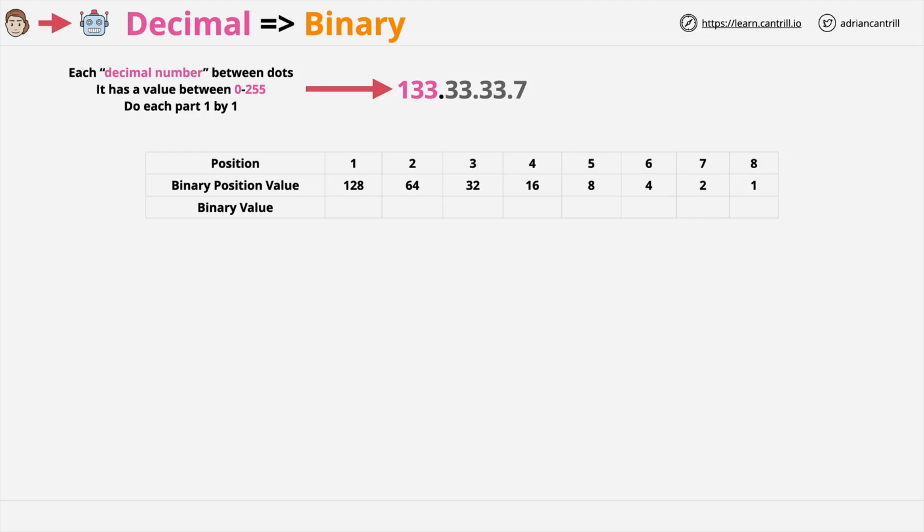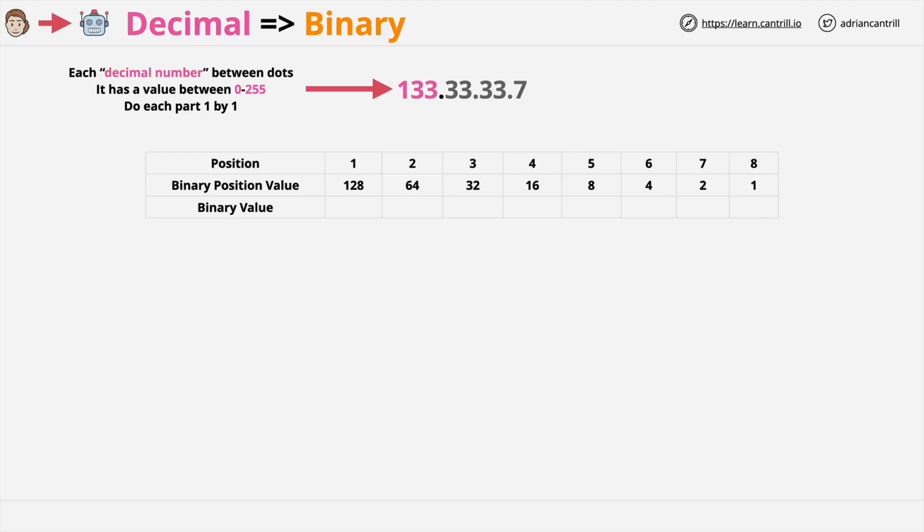Remember, each part of an IP address, each number between the periods, is actually an 8-bit binary number. Now, each position in this table has a value, so 128, then 64, then 32, 16, 8, 4, 2, and finally 1. It means a binary 1 in that position has the associated value in decimal.